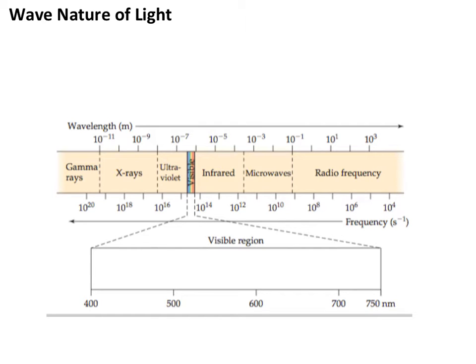Now, notice we have wavelength up here across the top, and the values of wavelength are increasing as we go to the right. So, radio frequency waves have the longest wavelength of the group that we see here. Gamma rays have the shortest wavelength.